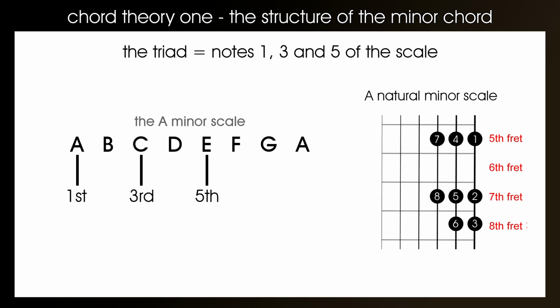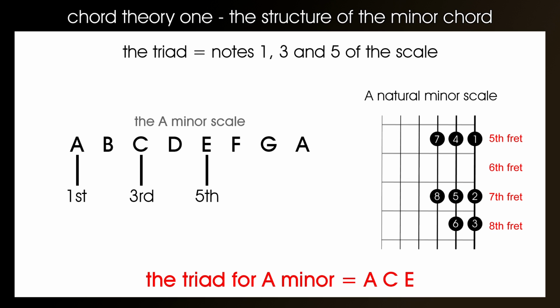For this example, we're using A natural minor, and you can see the first note is the A, the third note is the C, and the fifth note is the E. So the triad is A, C, E.